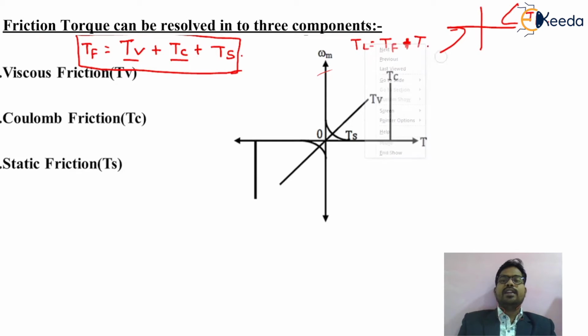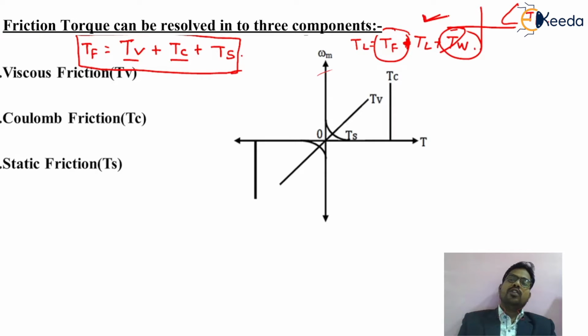And the third is called windage torque. Basically the friction torque and windage torque are grouped together, and the other is the load torque required to do the mechanical work. In friction torque there are again three components: the viscous friction torque, Coulomb's friction torque, and static friction torque.